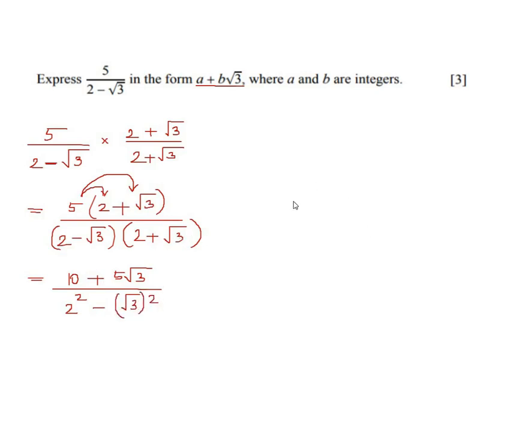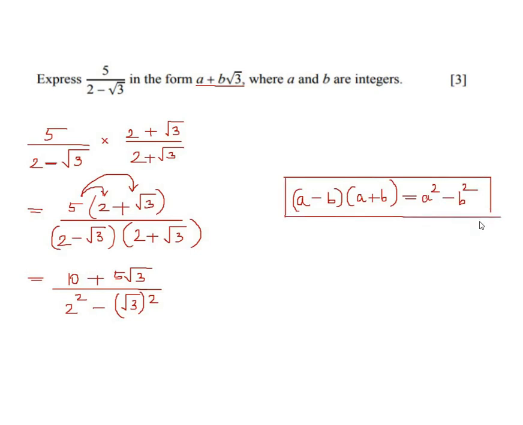I have used the algebraic identity over here, which is a minus b times a plus b gives us a squared minus b squared. So if you remember this, it will be very easy to solve the Surds. So the denominator is solved using this identity.